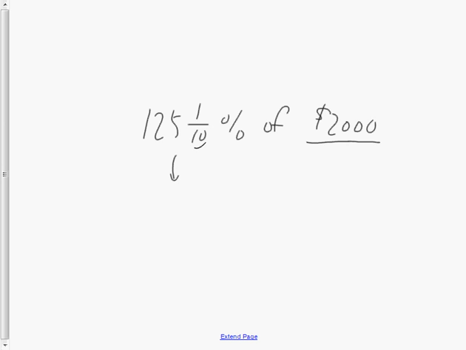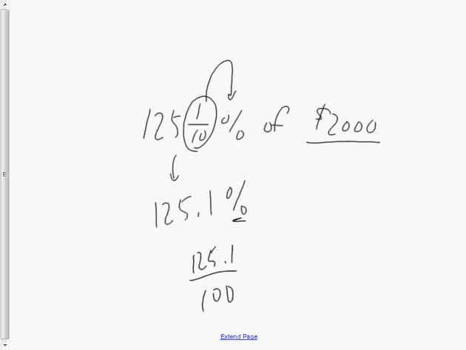So when you have a percent with a fraction in it, you need to change that to something more readable. Since a tenth is really decimal 1, these two are the same thing. Then I want to think of percentages as being out of 100. So this is really 125.1 out of 100, which is 1,251 out of 1,000, because I'm going to create an equivalent fraction.